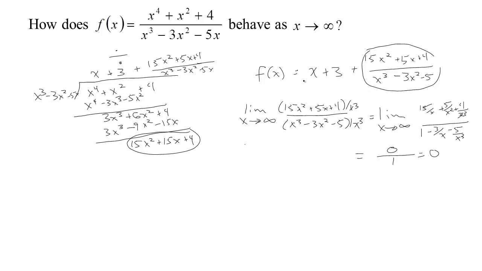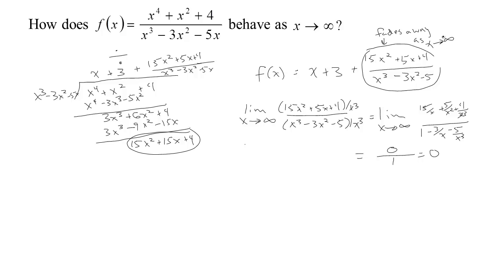So what we found is if we have a rational function like this, a ratio of two polynomials, if the degree of the top is higher than the degree of the bottom, we can go ahead and do the division problem, and we get a polynomial plus a part that fades away as x tends to infinity.